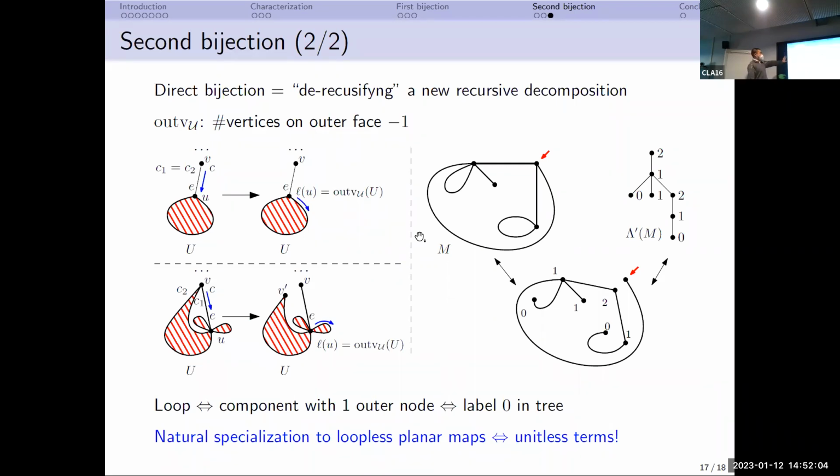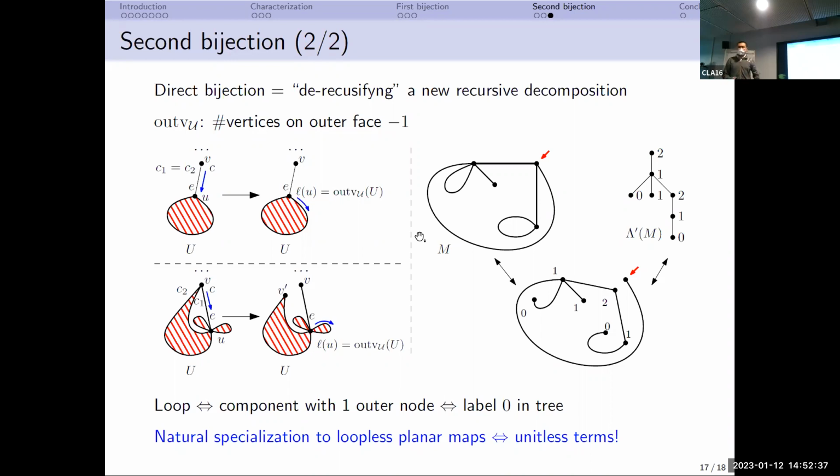And this is very interesting because the only time we have the label 0 is when we have exactly 1 vertex on the outer face, and that corresponds to a loop. So if we restrict to unitless terms, we get trees without zero labels. That means we get trees without loops, so they are loopless trees. So we see that this restriction to unitless terms is very natural.